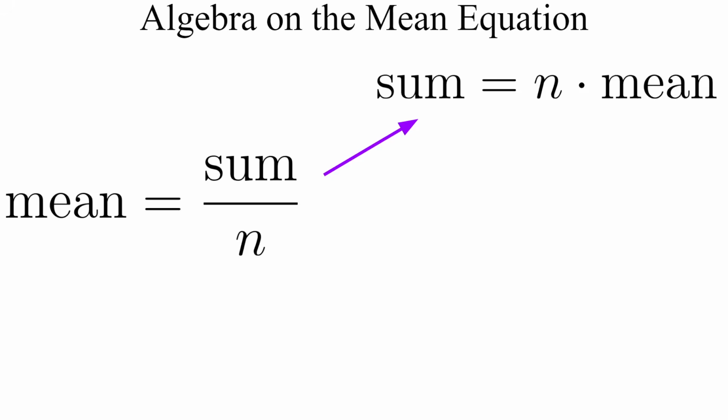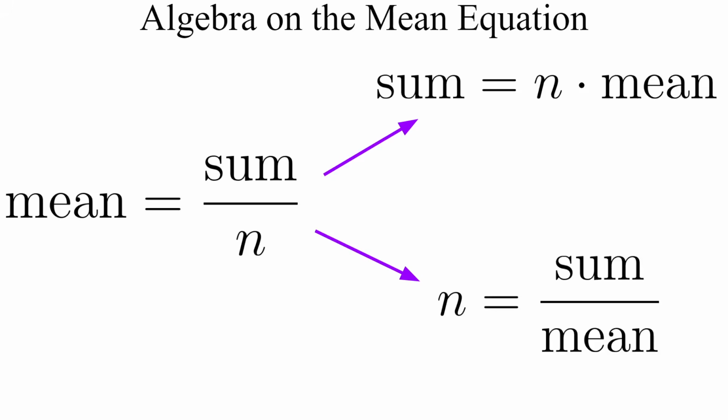And if we swap mean and n, we will get n equals sum divided by mean. So you don't have to memorize these. I would just remember that you can do algebra on this equation to quickly solve for the other two things. I think doing this at the beginning of the problem and then plugging and chugging makes it a lot easier for me personally.